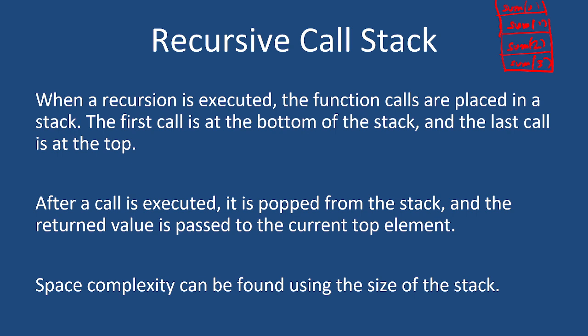This also makes sense, right? Space complexity can be found using the size of the stack. So what is the size of the stack here, in terms of n, not in terms of 3? n plus 1. So you can say it is order of n. That would be the space complexity.